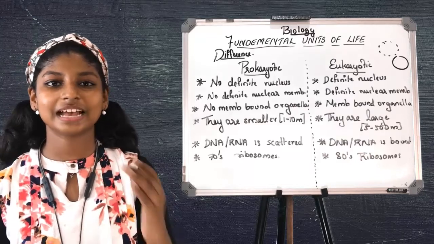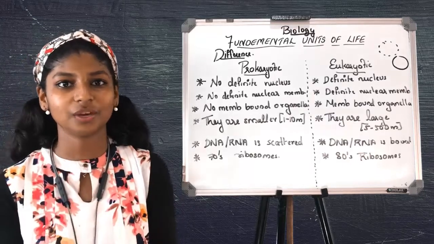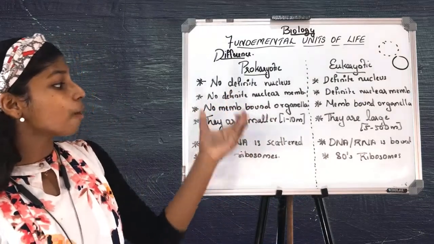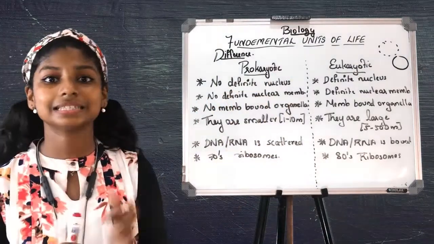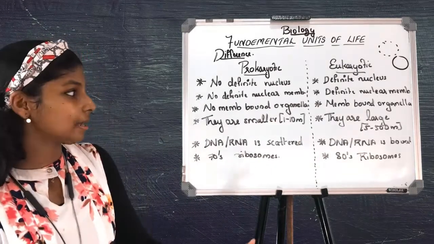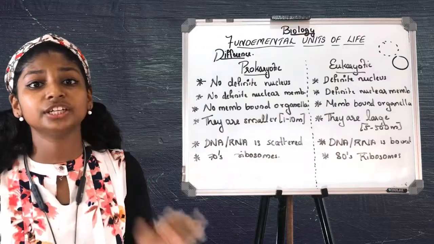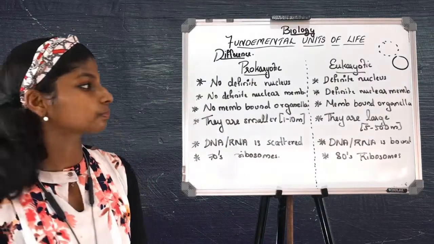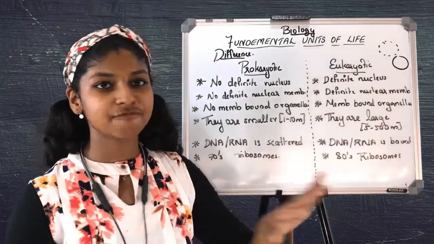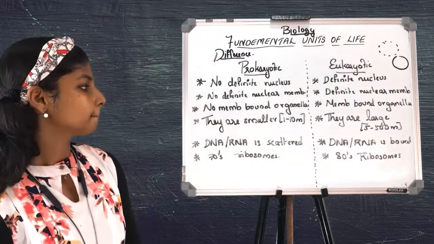We will be studying these terms in the coming videos. Prokaryotic cells have no membrane bound organelles. Why? Because they do not have any definite nuclear membrane. Moving on to the eukaryotic cell, they have membrane bound organelles.